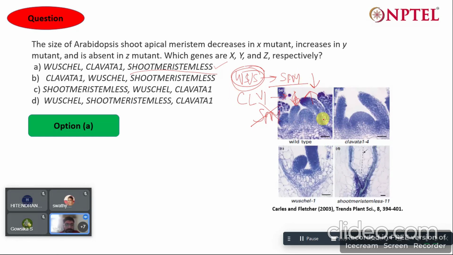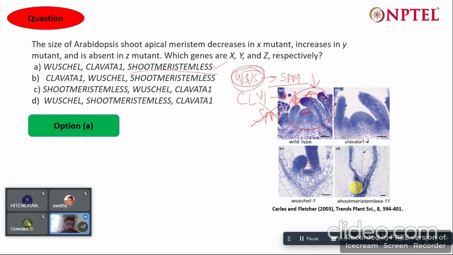As you can see, this is the wild type plant, and if Wuschel is mutated, you can see this is the central zone, and here the central zone is highly decreased. Then if we consider this clavata 1 mutation, as you can see, the central zone is increased because clavata 1 is the negative regulator of Wuschel.